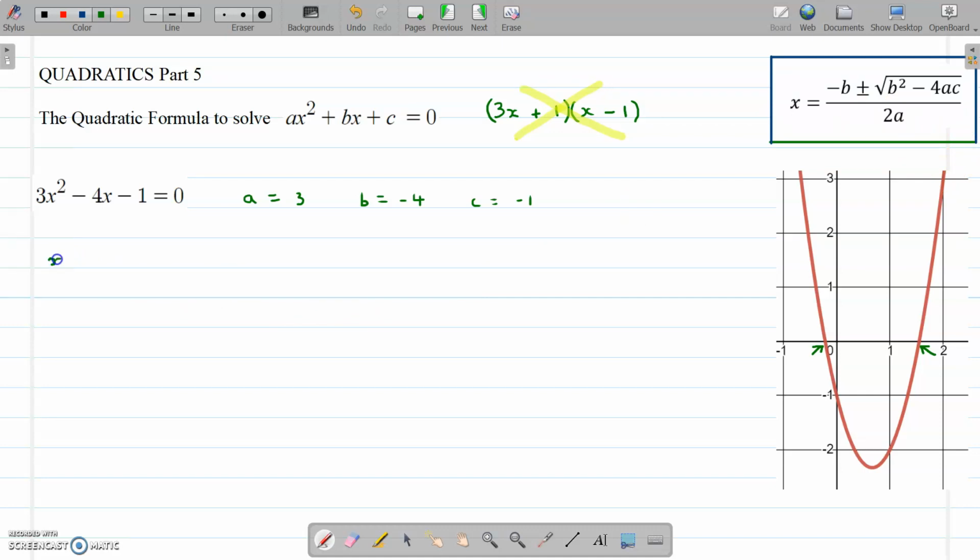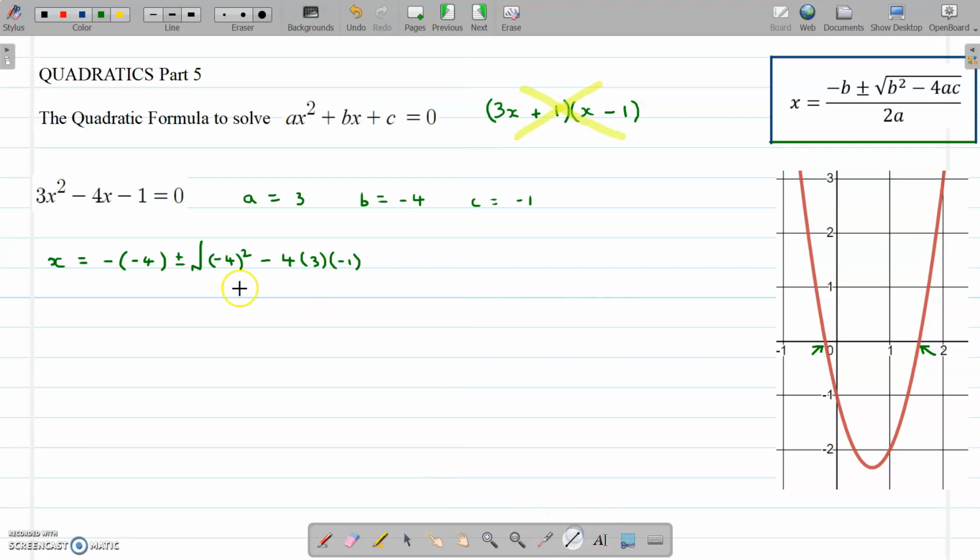So we start by saying x equals the negative of b, so it's the negative of minus 4, plus or minus the square root of b squared, so it's negative 4 squared, minus 4 lots of a, which is 3, times c, which is minus 1.